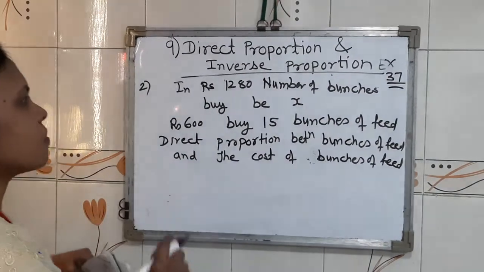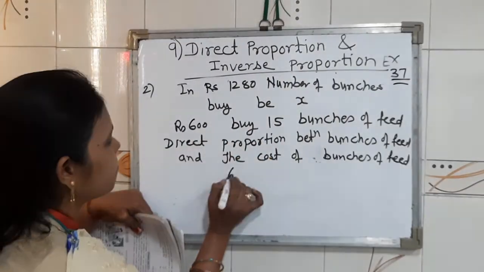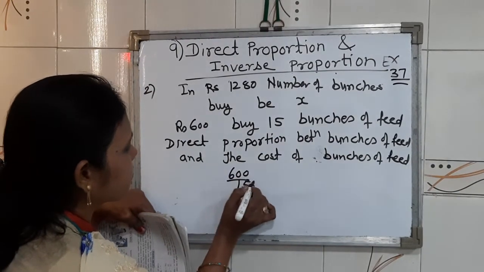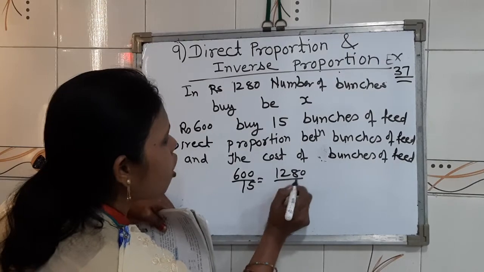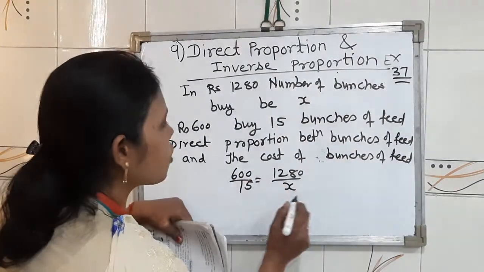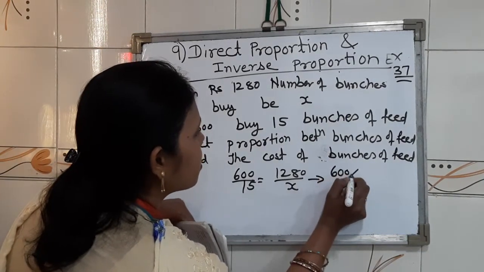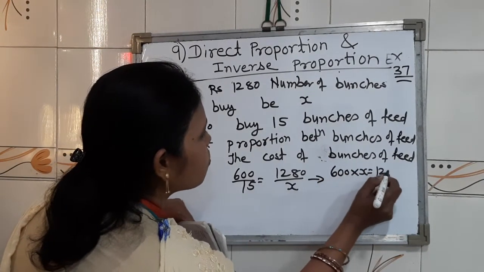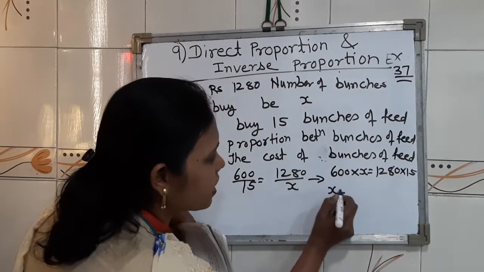So children, first we will write what is given, that is 600 upon 15. On the next side, 1280 upon x. Now direct proportion, therefore cross multiplication. 600 into x equal to 1280 into 15. x will remain on this side only.